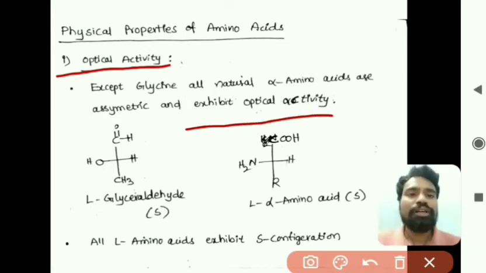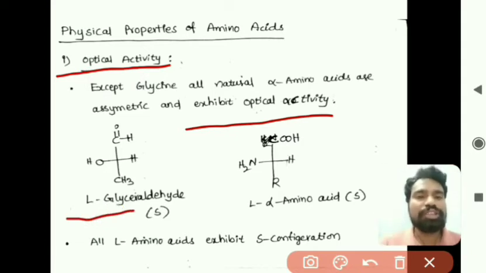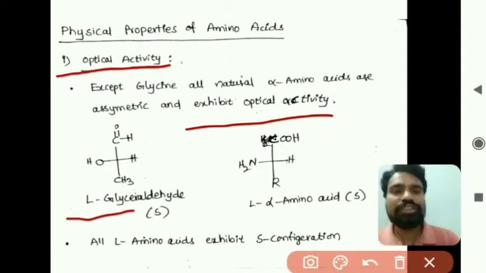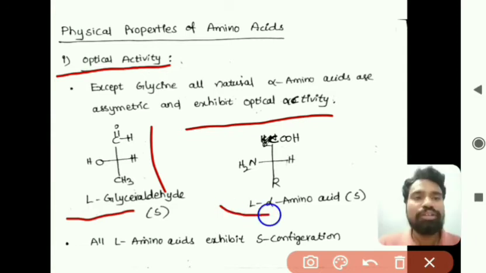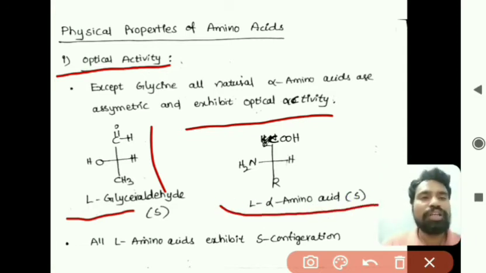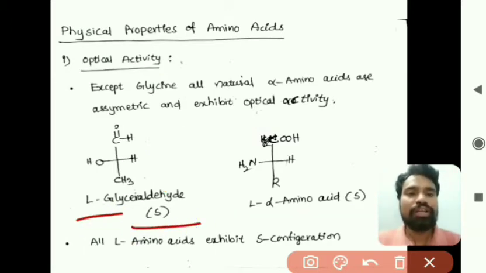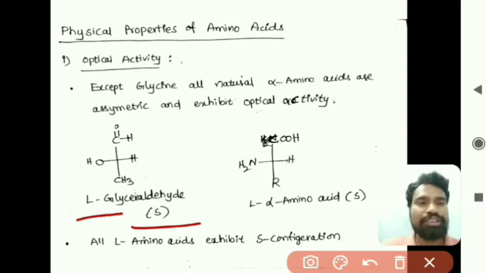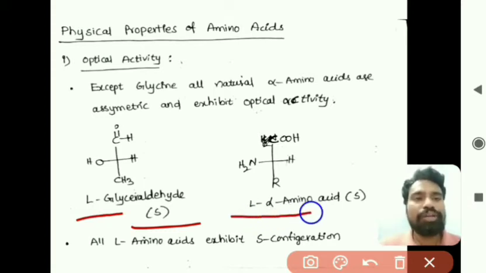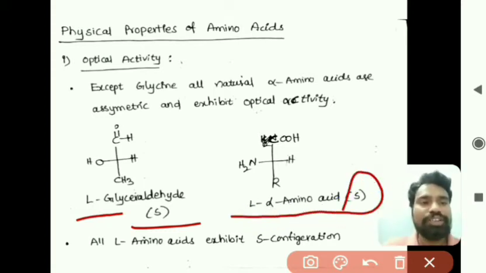So here all the amino acids are similar to the structure of L-glyceraldehyde. So this is L-glyceraldehyde, which is similar. The amino acids also have a structure similar to L-glyceraldehyde. So automatically, as we have the L configuration, the absolute configuration would be S. Similarly, an L amino acid will have S configuration, right.